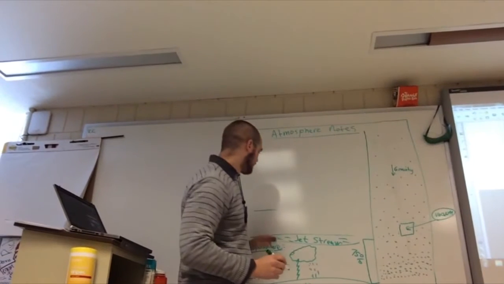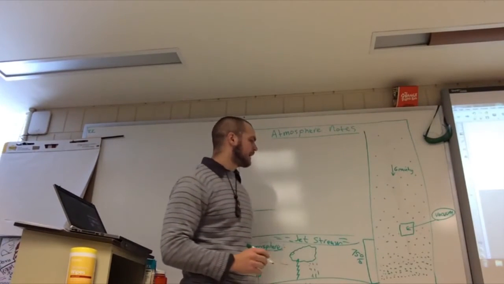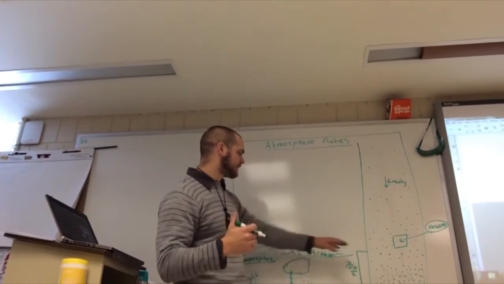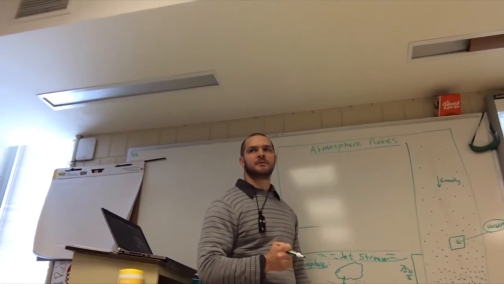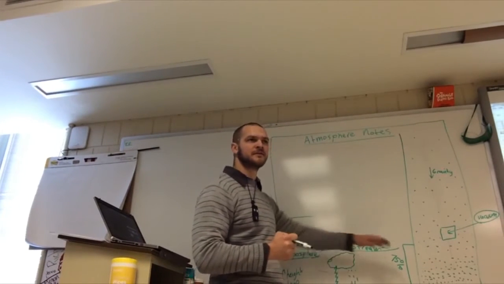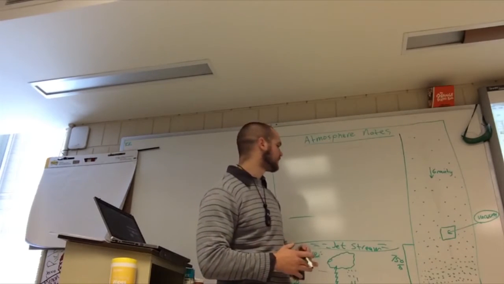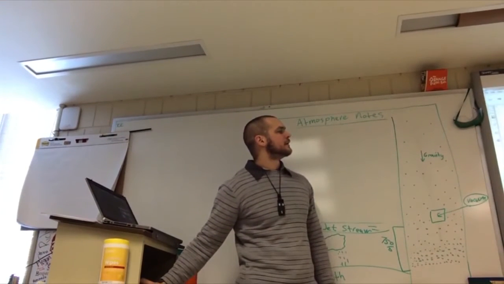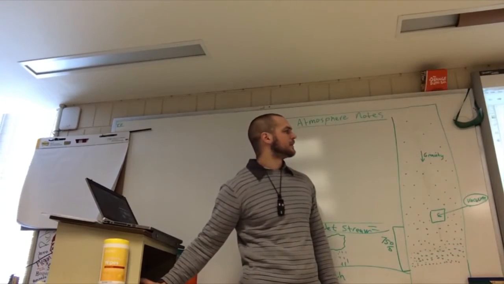There's the jet stream. Okay? Now the weather we have outside is directly related to that jet stream, and we'll learn more about that when we get to weather. A lot more about the jet stream. But all of you need to know for now is that it's the very top of the troposphere. So, that's it for troposphere. On to stratosphere.